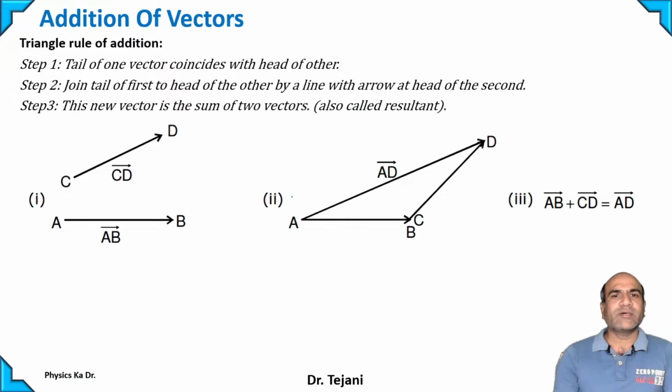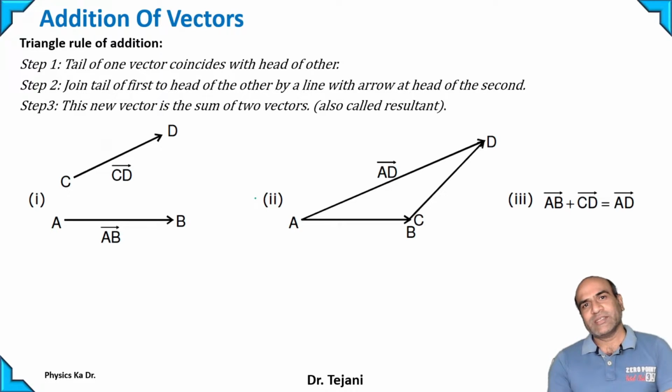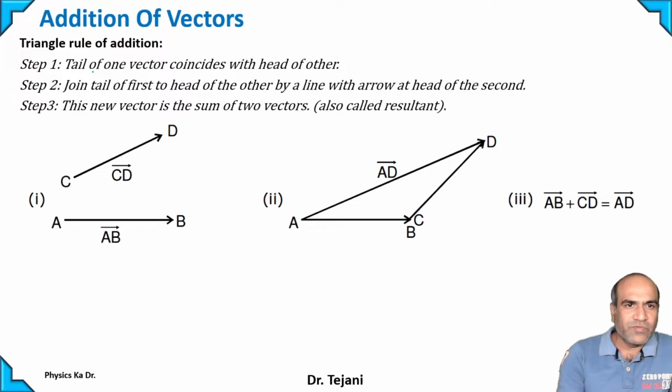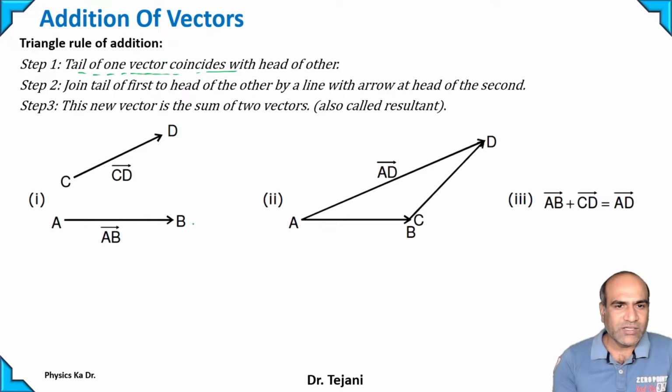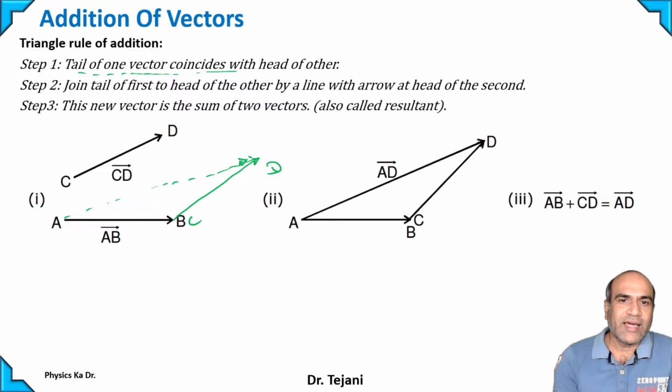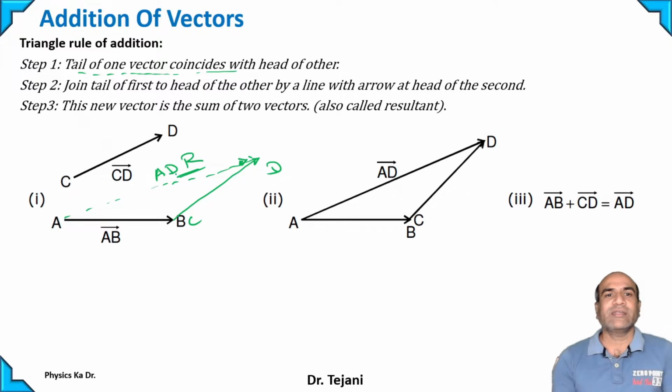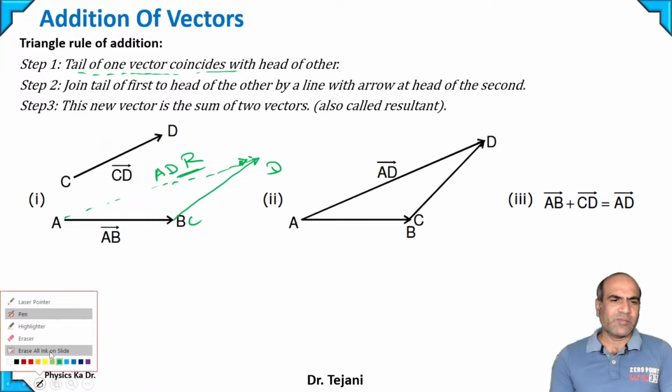Right. So this new vector is the sum of the two vectors. First, what we need to do is just move CD here, so this becomes CD, and then just join the tail with this head, the direction of the head. So this AD gives the resultant. Very simple.